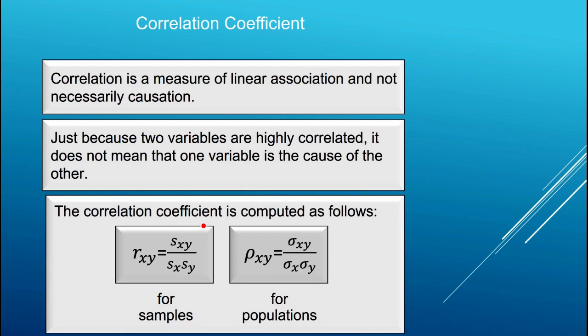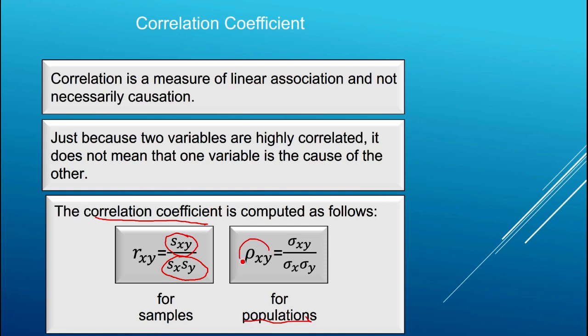Here are measures of the correlation coefficient, and they are based on the calculation of the covariance. For samples, we have a formula with s subscript xy, which is the covariance that we calculated 2 slides ago, and we essentially normalize that by dividing by the standard deviation of x times the standard deviation of y in the data. For populations, again, there's a corresponding population parameter.